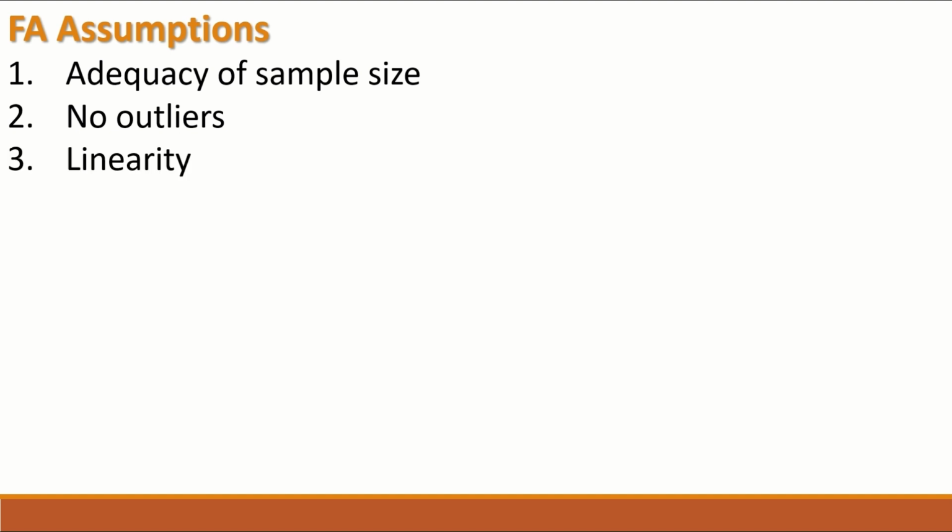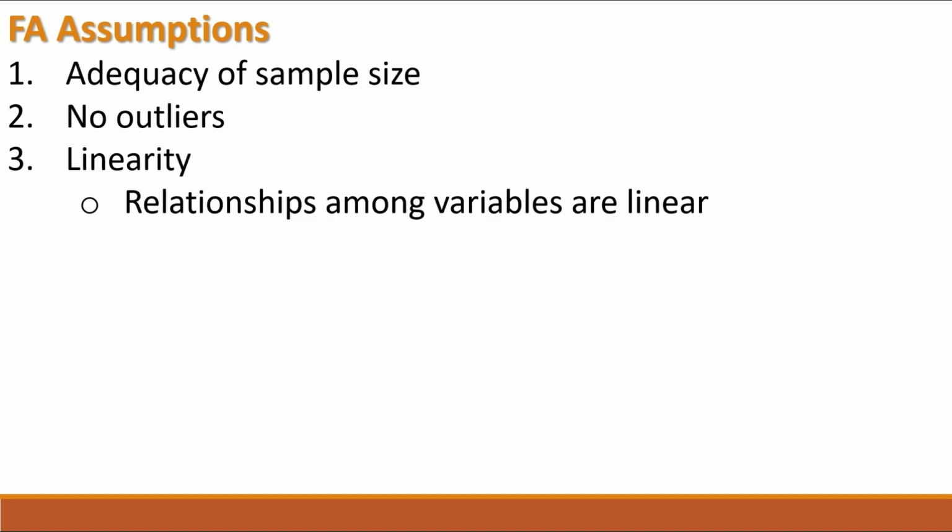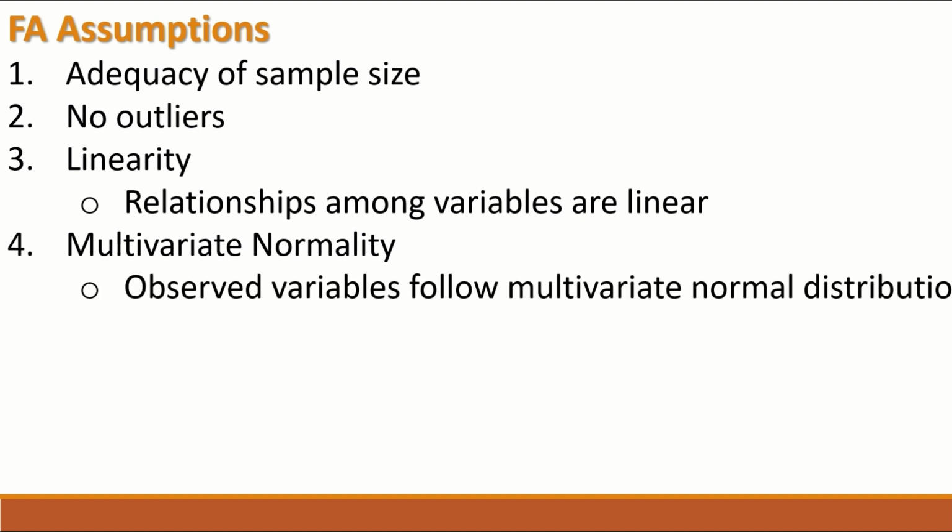The third assumption is that there should be a linear relationship among variables. The fourth assumption is multivariate normality, that the variables follow a multivariate normal distribution.